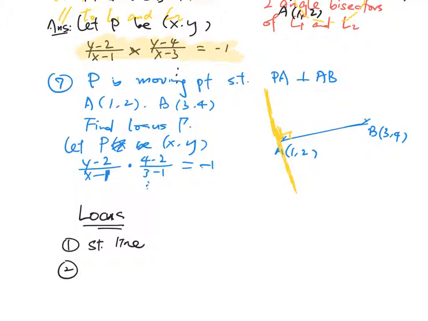The second possibility of a locus is a circle. Here we demonstrate two ideas: number 1 is equidistant from a point, and the other one is talking about perpendicular. And the hardest job will be about parabola, which only happens in the case when you have equidistant from a point and also a straight line.